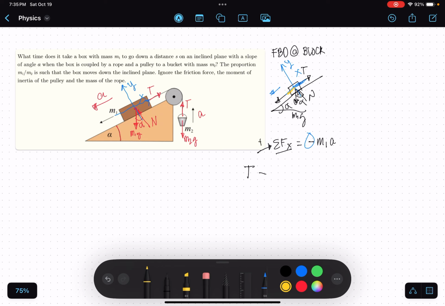This is the M1G sin alpha. So, ito siya class. Yan, yung yellow na yan, that is M1G sin alpha. So, therefore, T minus M1G sin alpha equals negative M1A.